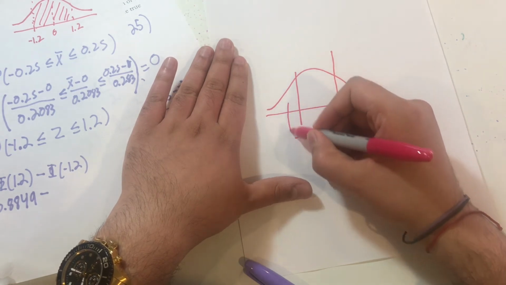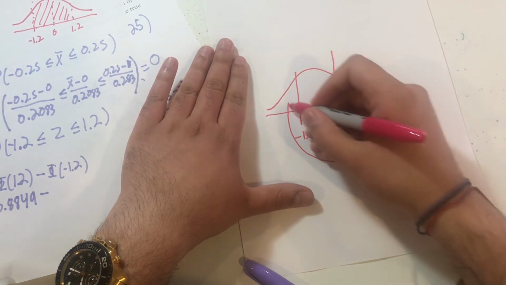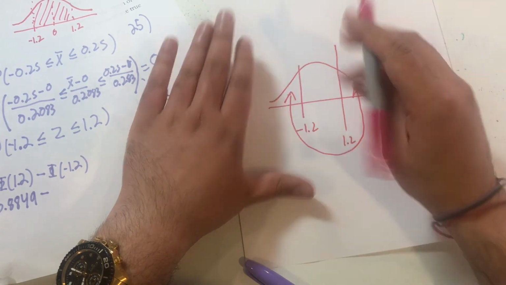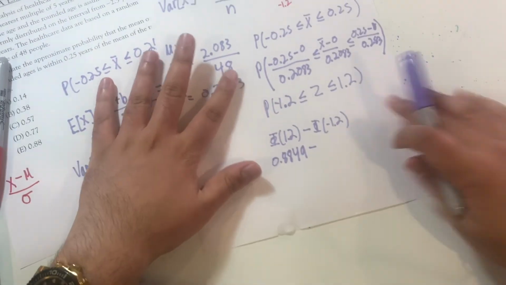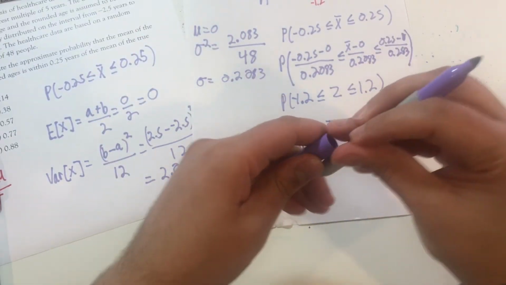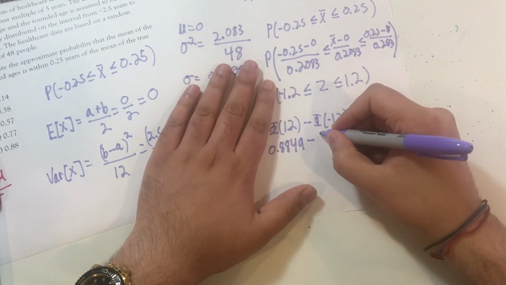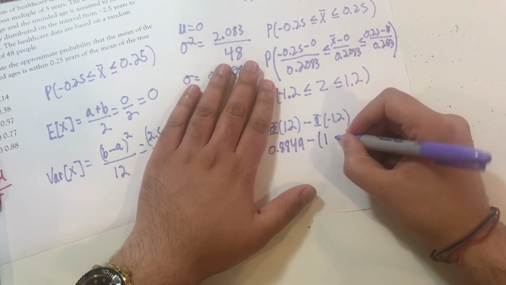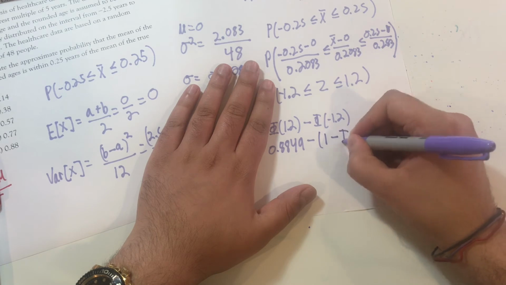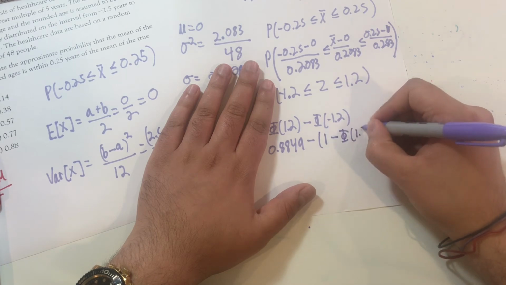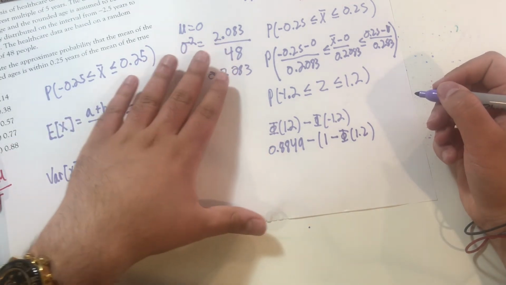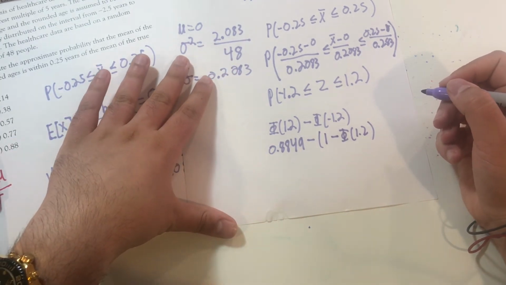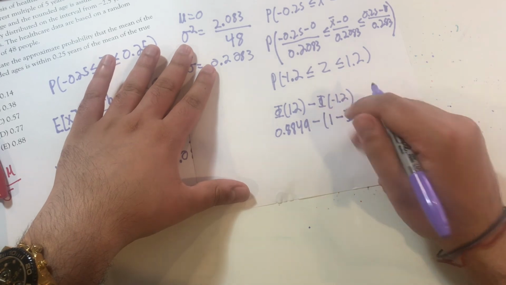These two areas are the same. So what I'm going to do is subtract away 1 minus phi of 1.2, just like that.